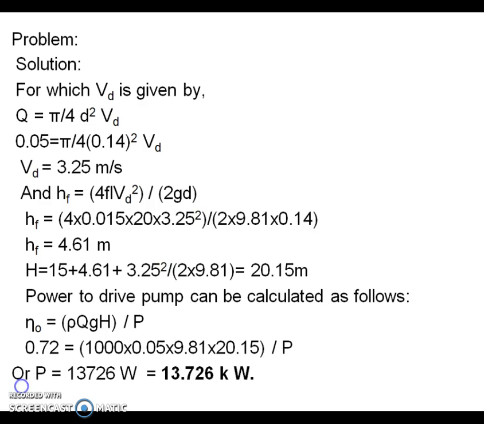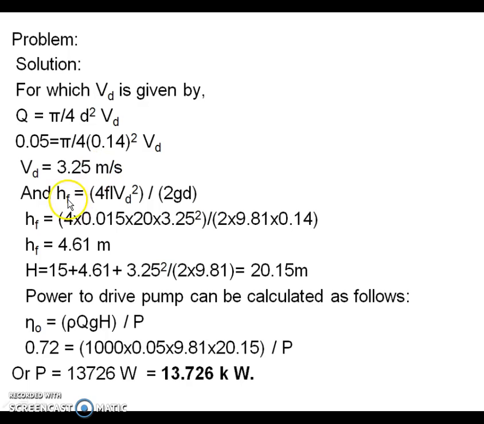We can calculate the velocity in the delivery pipe by the formula Q equal to pi by 4 d square times Vd. Pi by 4 d square is the cross-section area, multiplied by Vd gives your discharge in meter cube per second. If you put in the correct values, you directly get the velocity of the fluid in the delivery pipe as 3.25 meter per second.